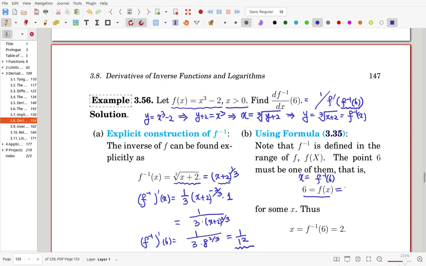That is x cubed minus 2. So if we solve the problem, then x cubed equals 8, so x equals 2. x itself is f inverse of 6, so we found 2.